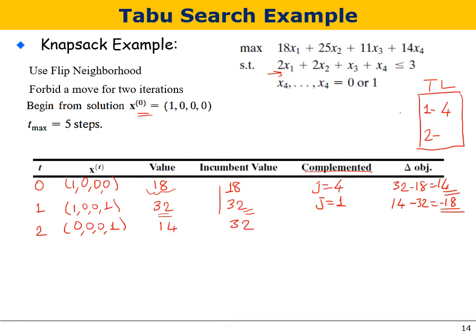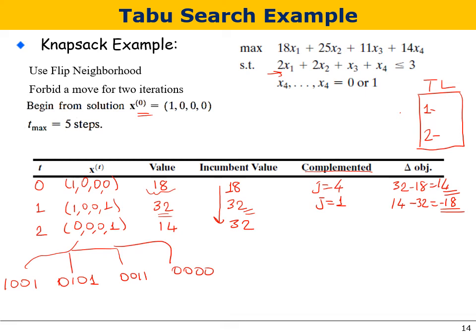You see, the incumbent value either increases, improves, or stays the same. And now I need to identify the neighbors of this solution. Let me write it here. So the first neighbor is this one, the second neighbor is this one, third neighbor is this, and the fourth neighbor is this one. By the way, don't forget to update the taboo list.